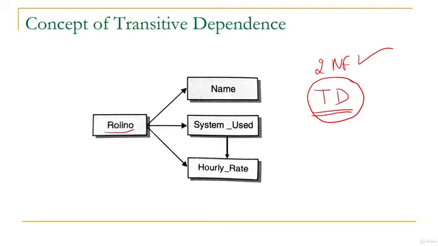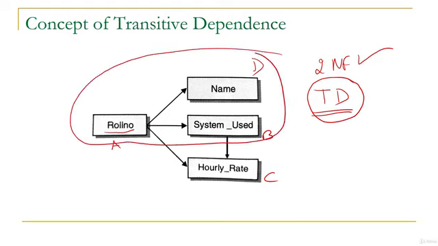So let's apply this rule over this FD diagram. In this situation, this is our A, this will be our B, this will be our C, and let's suppose we have D. So now we have to create two tables, one involving this and another involving this.